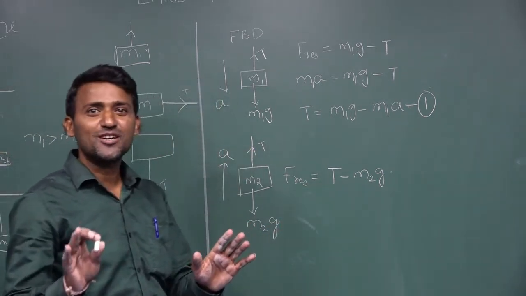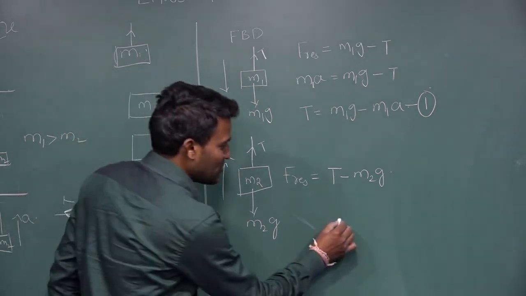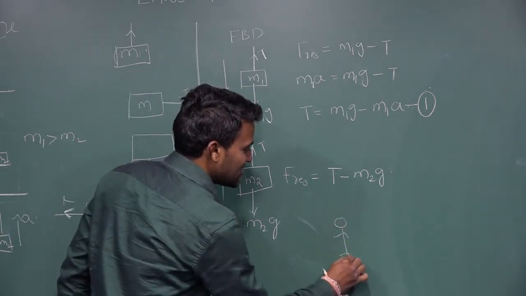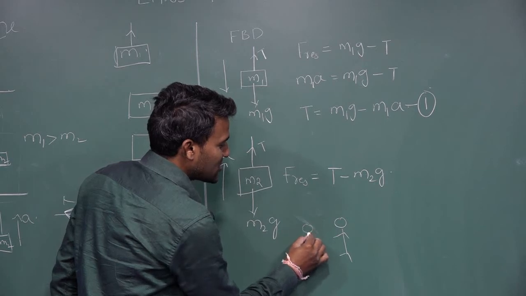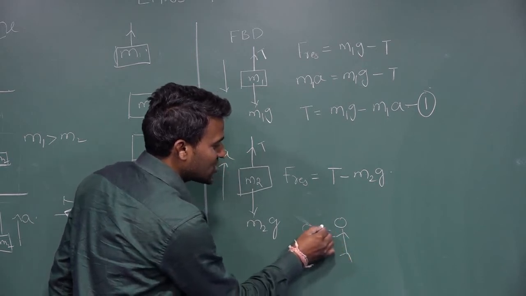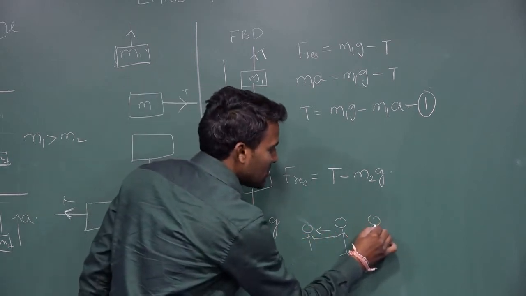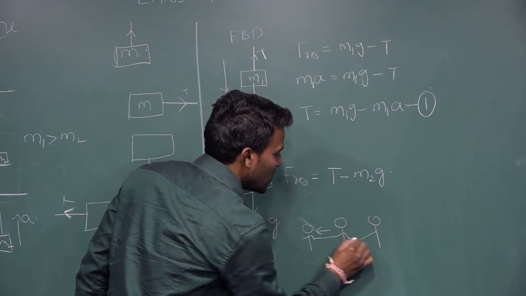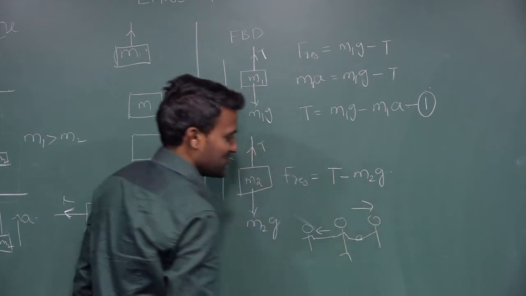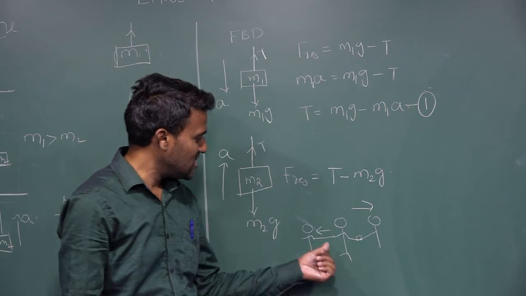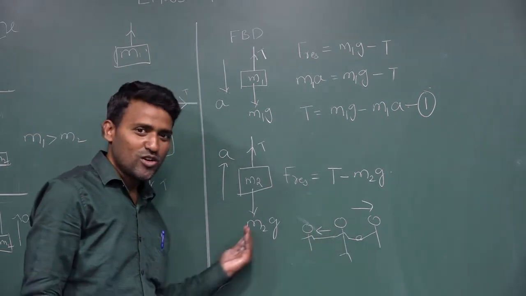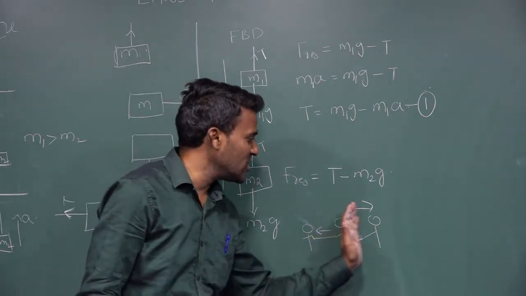I will tell you one example here. See, one person is standing like this, one person is pulling towards himself, and one more person is pulling along this direction.